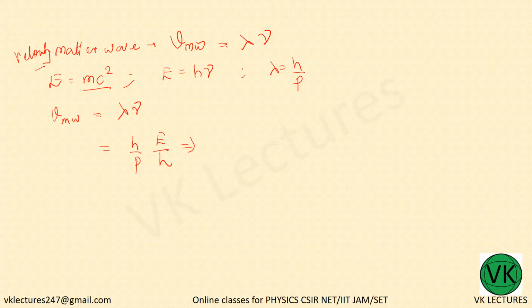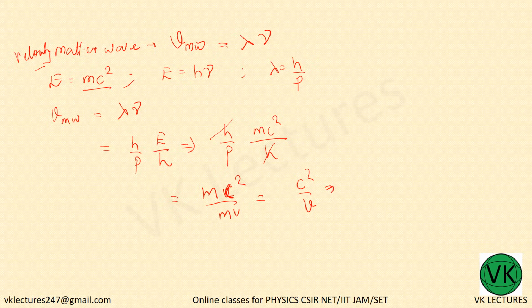So h by p times mc square divided by h. And what is this p? P is nothing but mv. So h and h get cancelled. mc square divided by mv. Momentum is mv. So that is equal to c square divided by v.